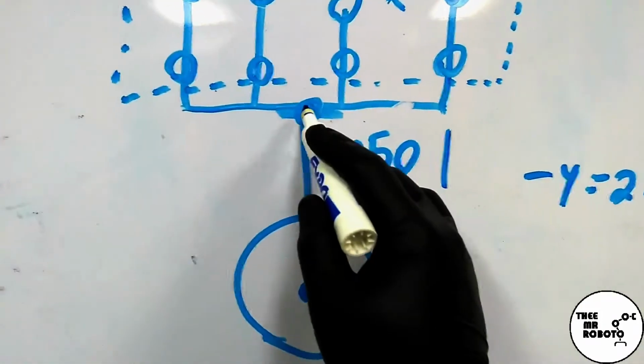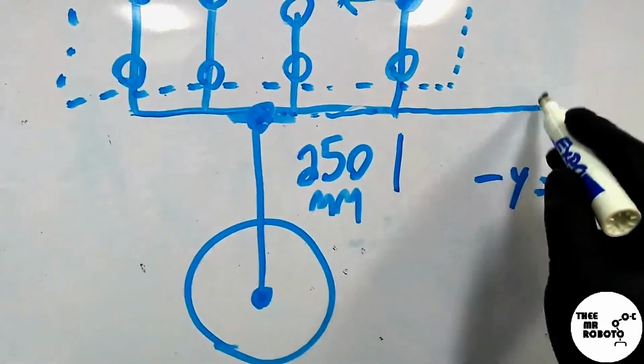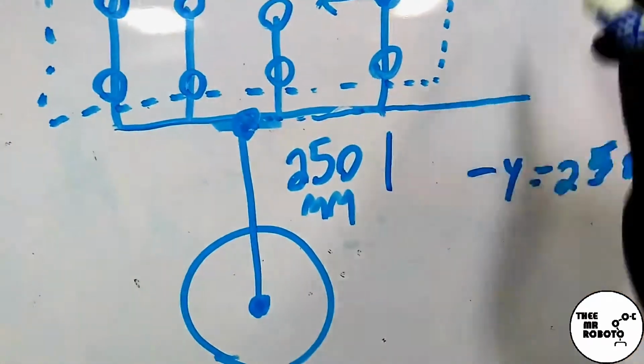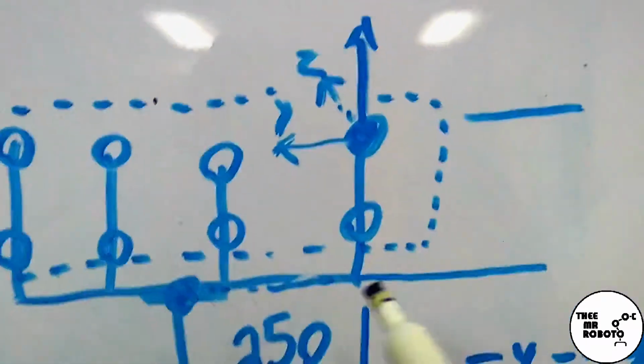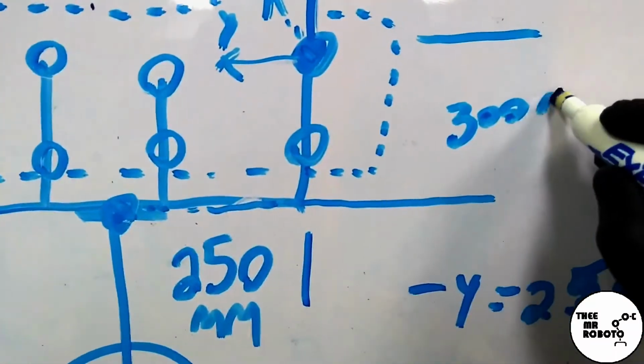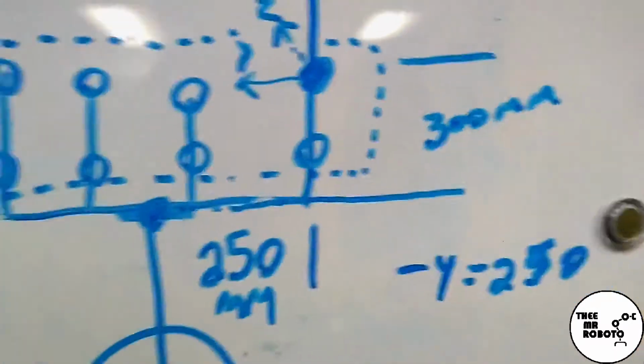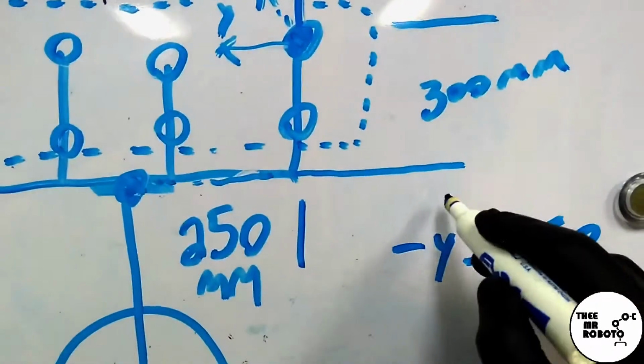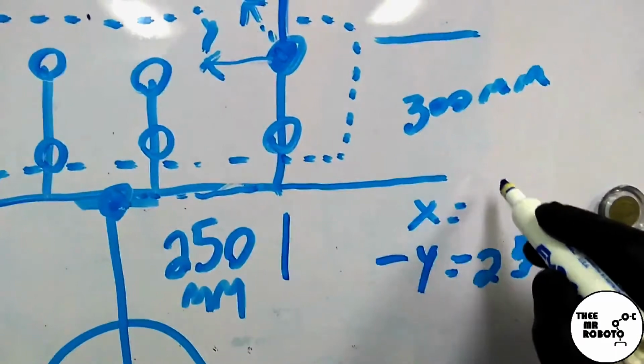So that dimension would be coming from like here and maybe here, all right? So let's call this 300 millimeters, all right? So that would have a positive x equal to 300.